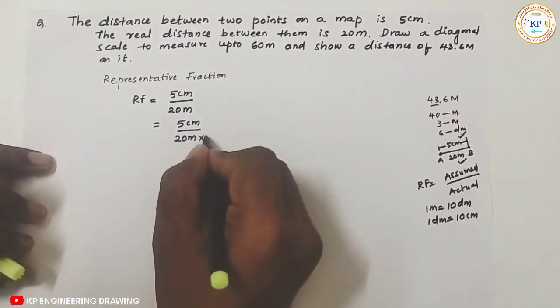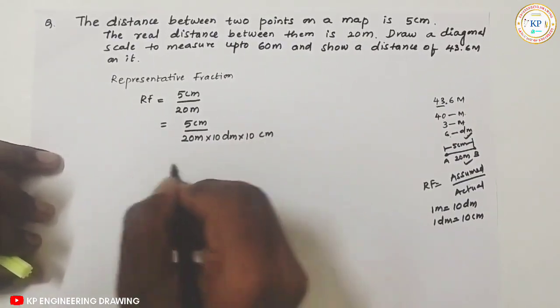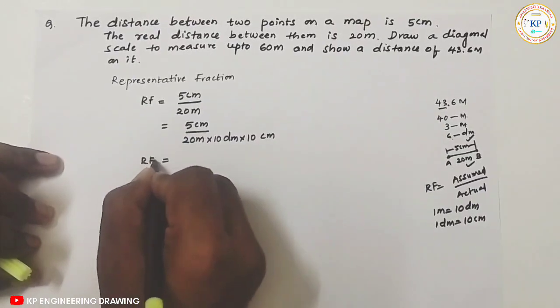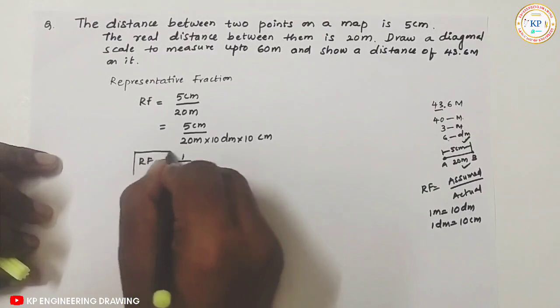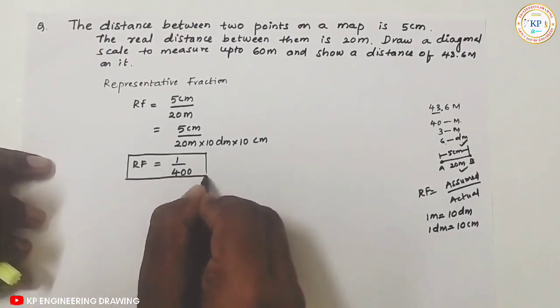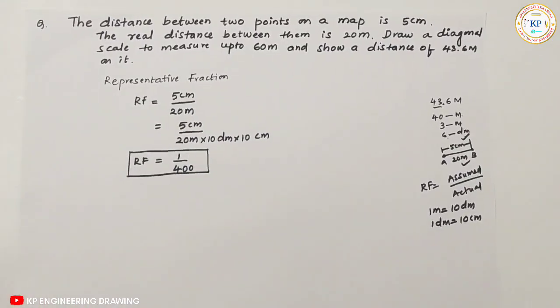So 20 into 10 decimeters into 10 centimeters, and we get RF as 1 by 400.